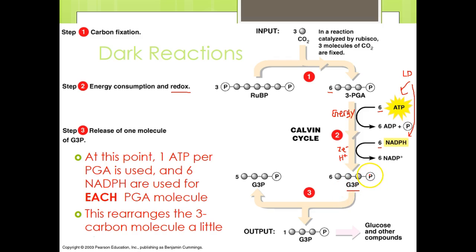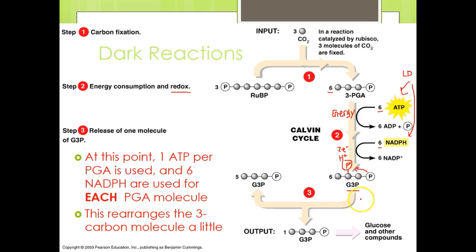And all we're essentially doing is adding the energy and electrons and hydrogens to change where this phosphate actually bonds to. And if you want to be the most specific, you would say that this phosphate, instead of being bonded to the end, actually changes and bonds to the middle. But you don't necessarily need to go into that much depth.